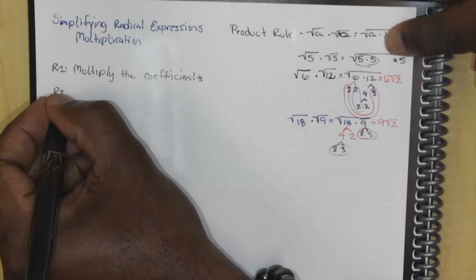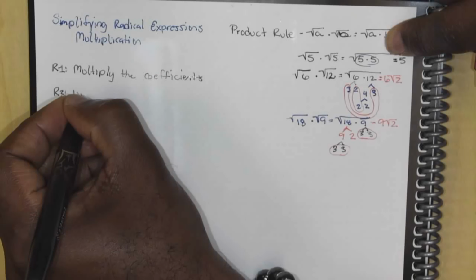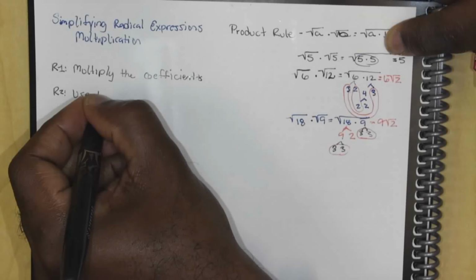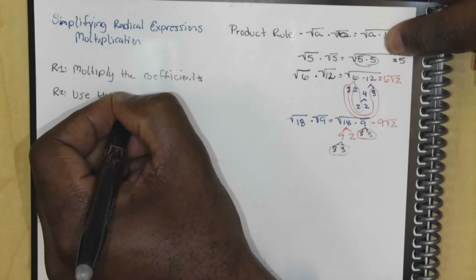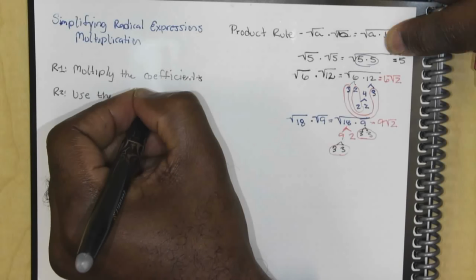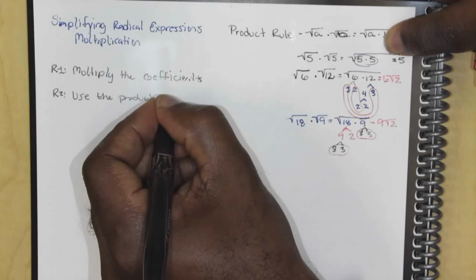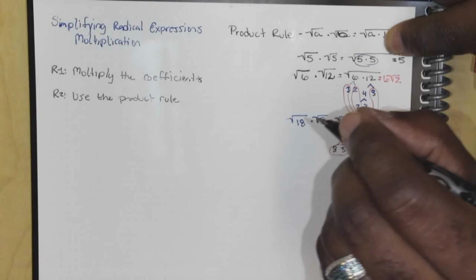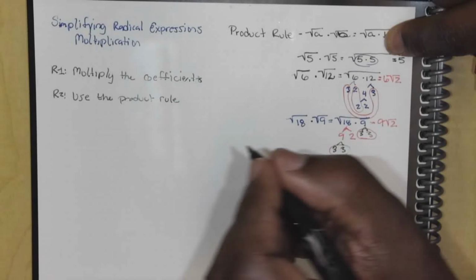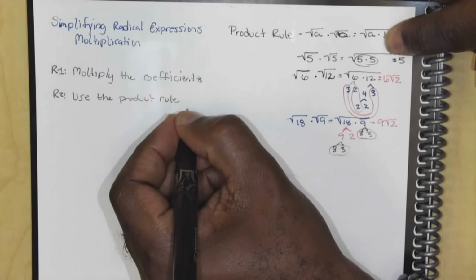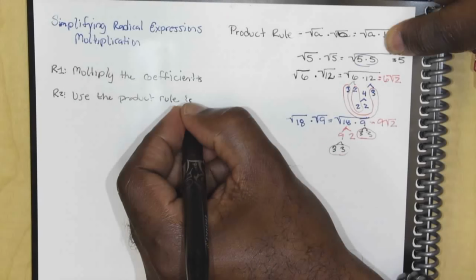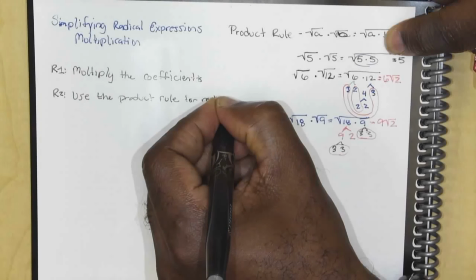Rule 2 is to use the product rule for radicals.